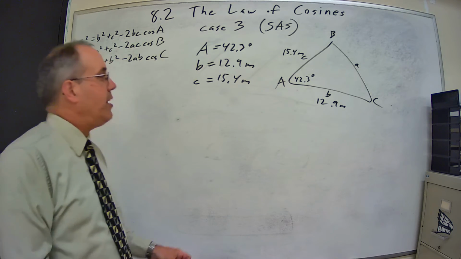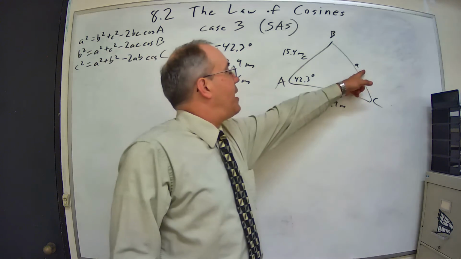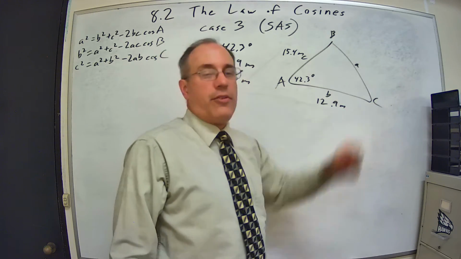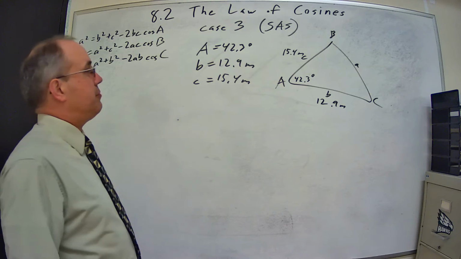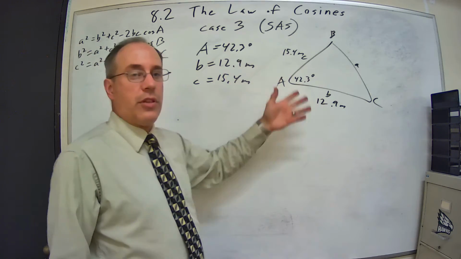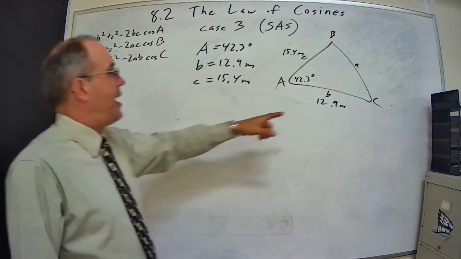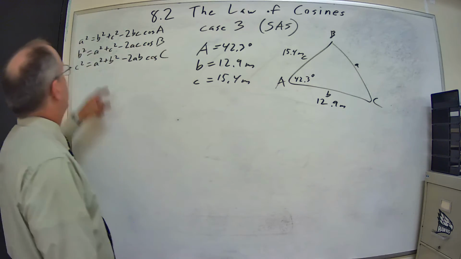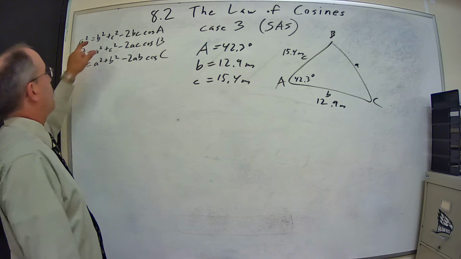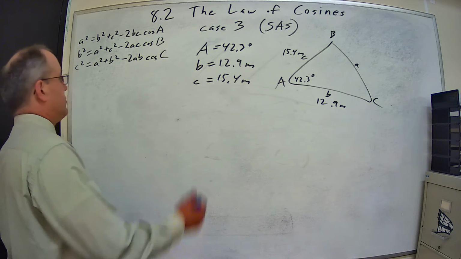What do we want to find? We want to find side A, angle B, and angle C. So if we're going to do that, we obviously have to use the law of cosines. We have B and C, angle A, so we're going to use this first one.